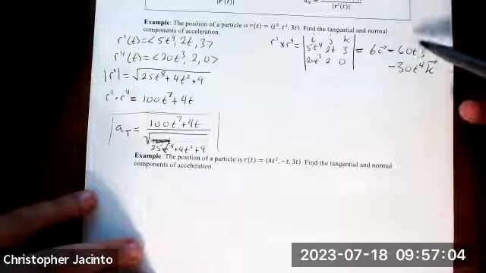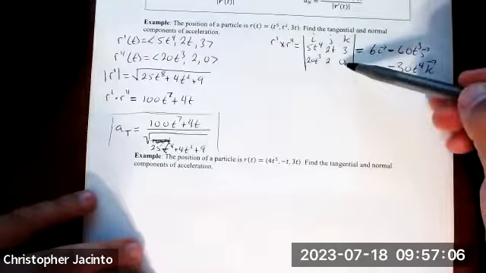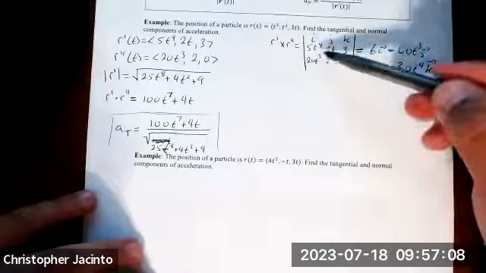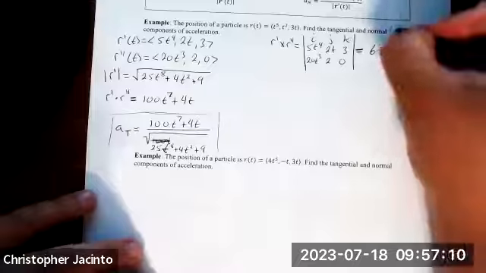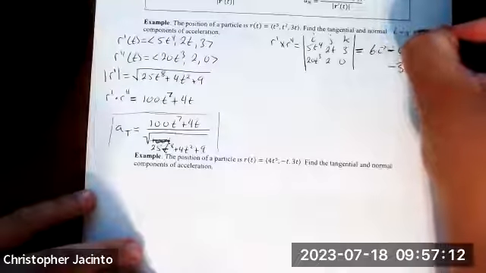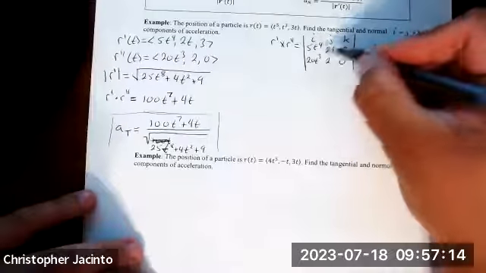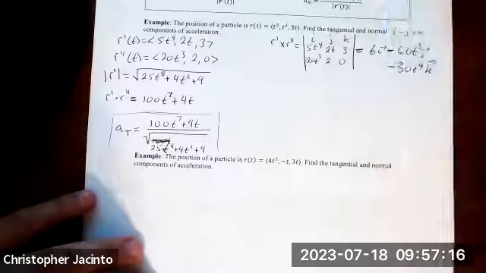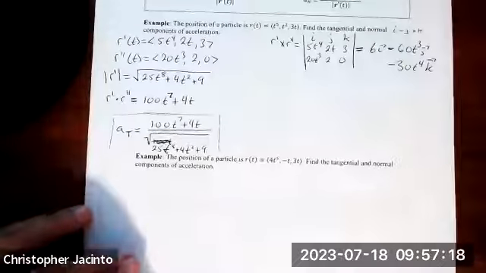Positive 60? The J? Oh, no, because remember it goes plus, minus, plus. So this is a positive 60, so there should be a minus in there. Yeah, that should be a negative 60.